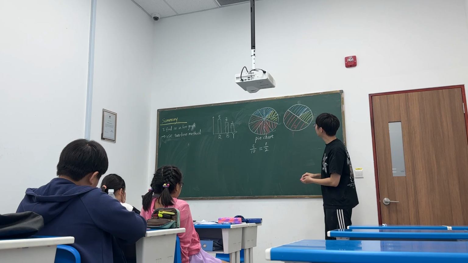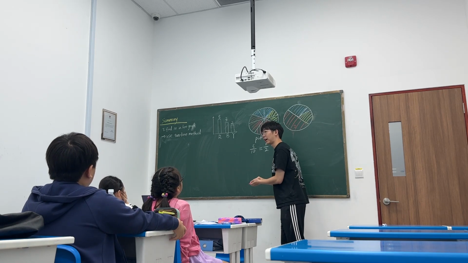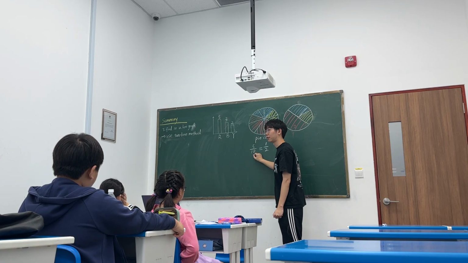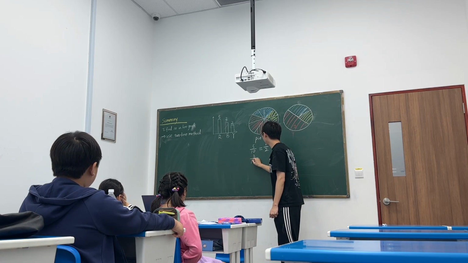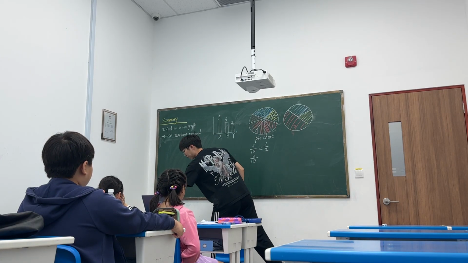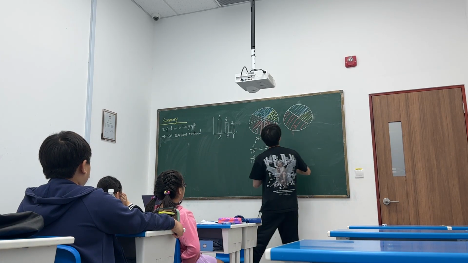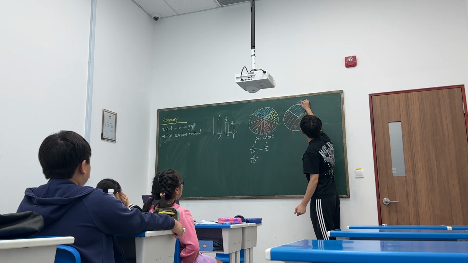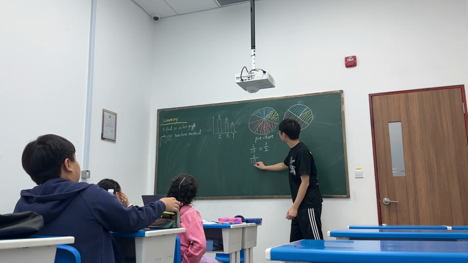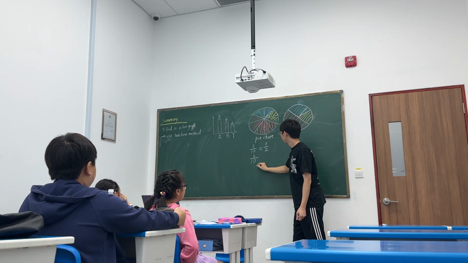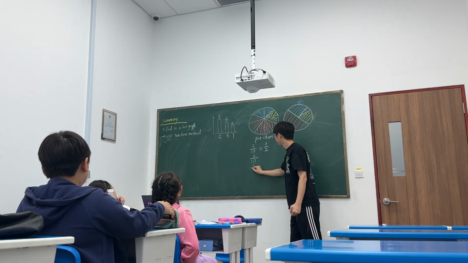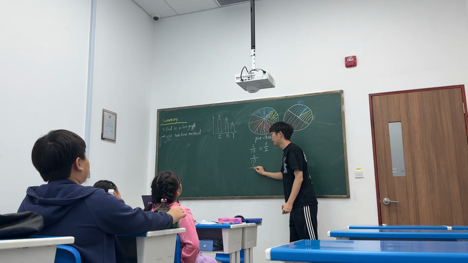Then how about the blue one? Can I represent it as a fraction? What fraction can I represent? 3/10, very good. So this blue color can be written as 3/10. How about the yellow ones? 2 over... In total, how many parts of it? 10.